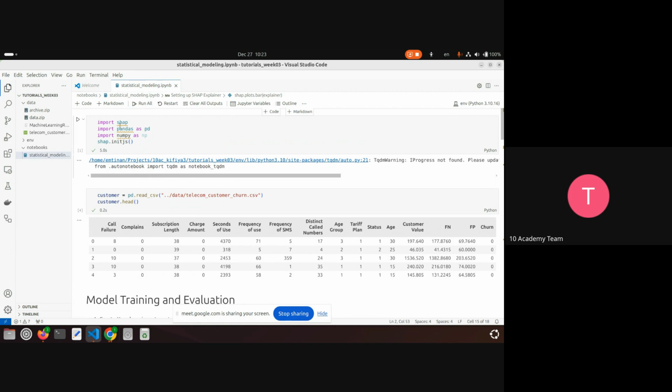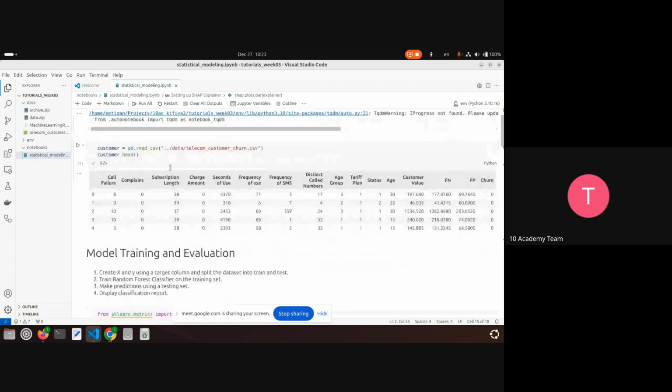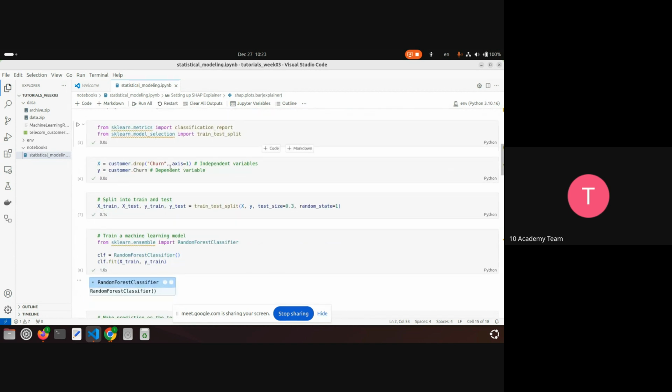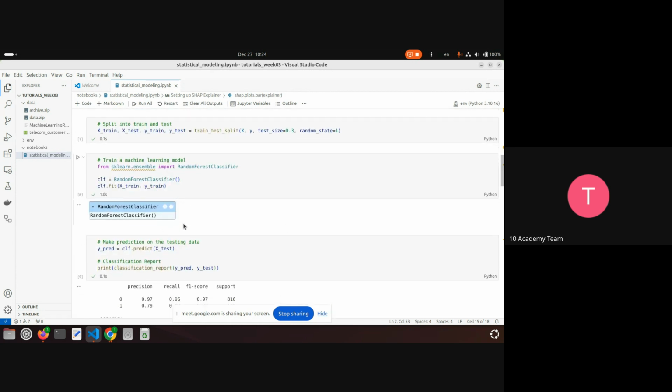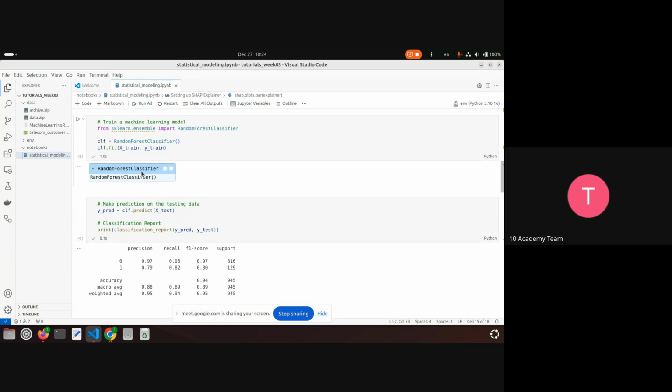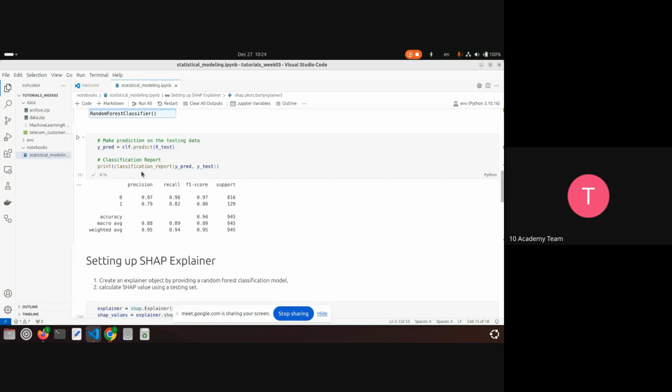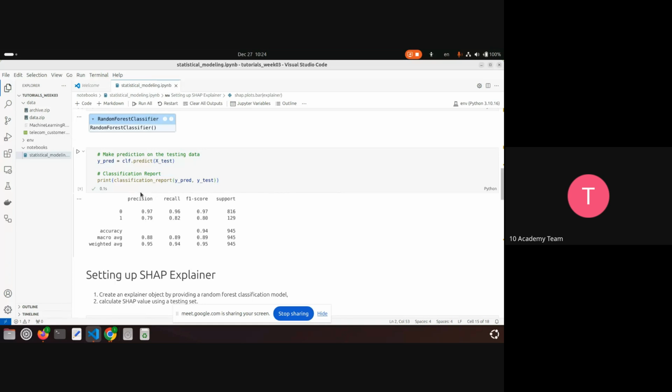I'm importing this library, and I have my scikit-learn classification train-test split. I'm using a random forest classifier here. After training it and testing my model, I got these variables for the different metrics.